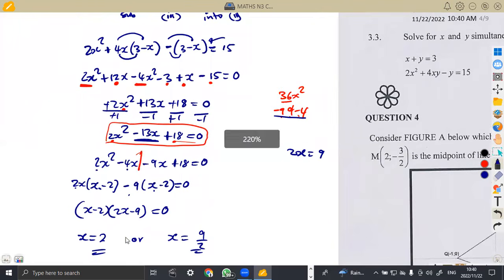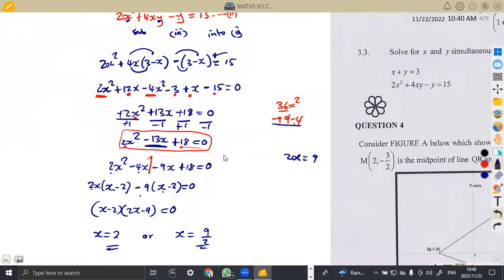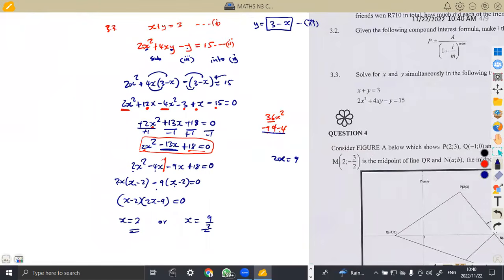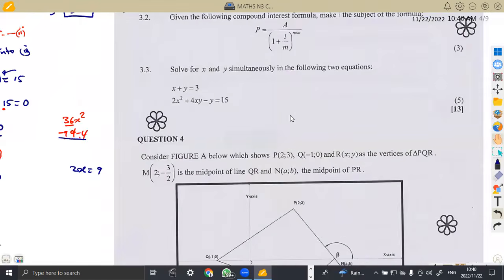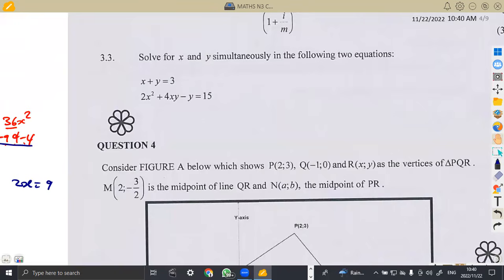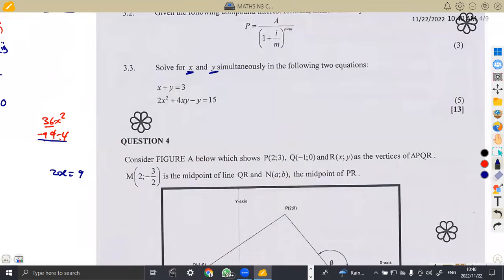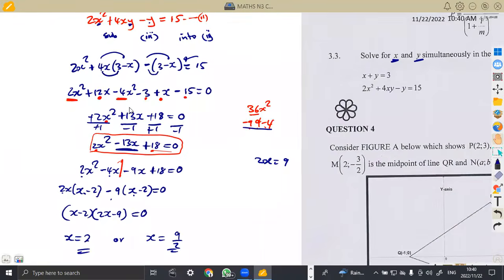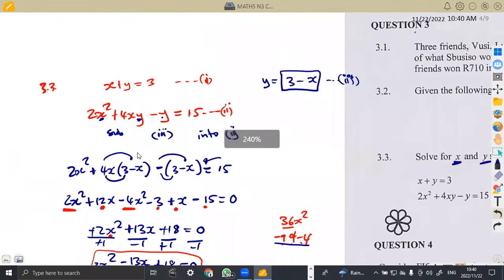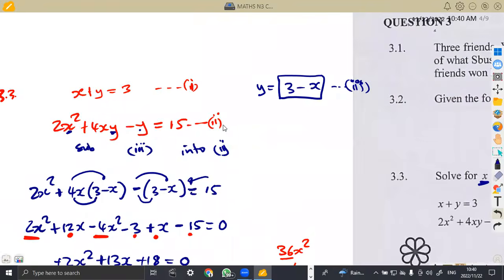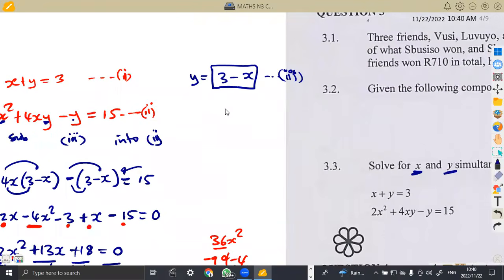So these are the values of x, but we are supposed to find the values of y. Remember, you're solving not only for x, but we are also solving for x and y. We are asked to solve for x and y simultaneously, at the same time. So let's see what we are going to have for y. Since here we've made y the subject, remember we said y is equal to 3 minus x.